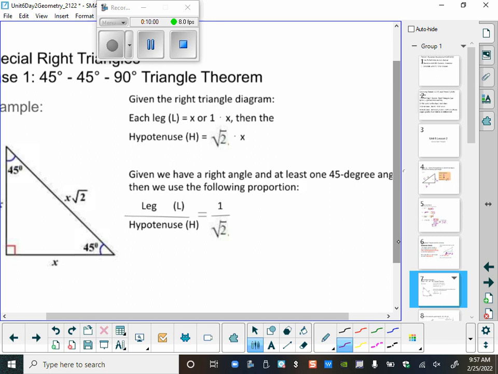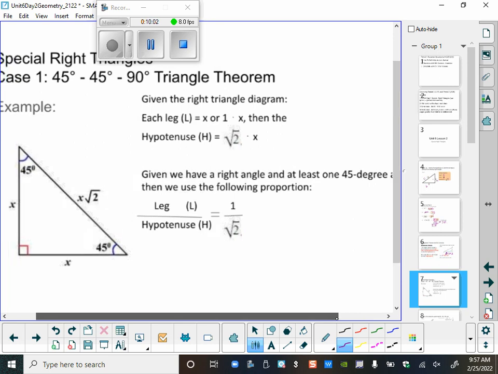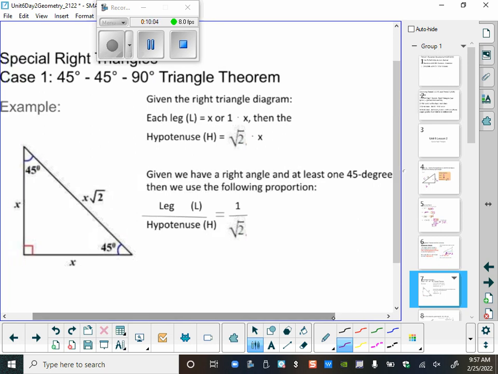For this 45, 45, 90 right triangle to work, you have to have a 90-degree angle. This is number one. Number two, at least one 45-degree angle. You only need one because if you have a 90 and a 45, that last angle has to be 45 as well.